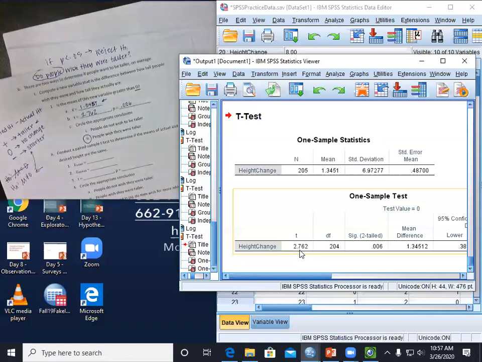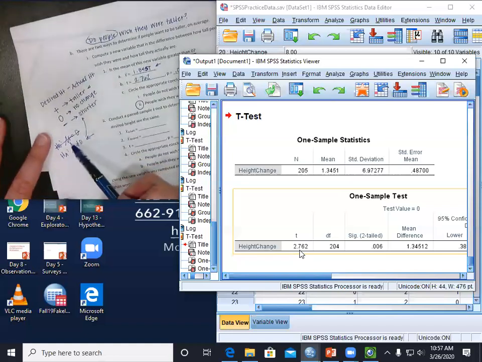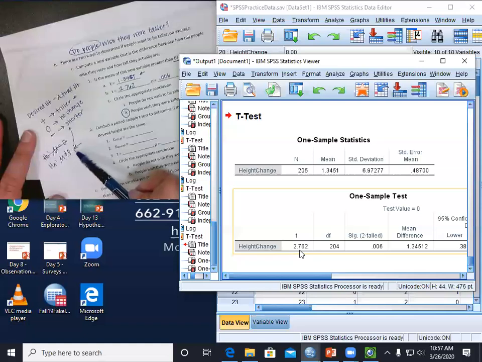Again, I pointed this out in some other video, now all the videos are running together, but I want to point out here, this result does not tell us that at the population level, people want to be 1 1/3 inches taller. What we have tested here is, is the mean of this variable equal to 0, or is the mean different from 0? The result of this test tells us the mean is different from 0, right?